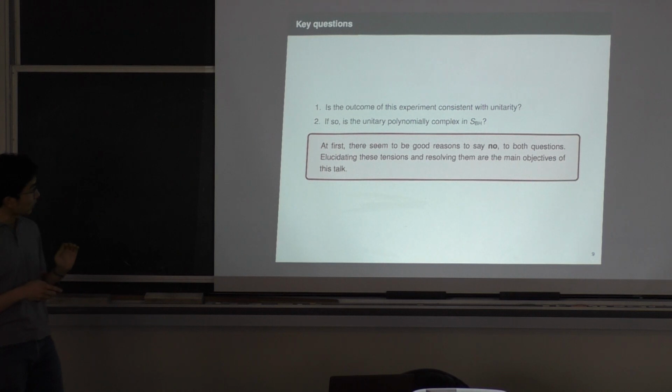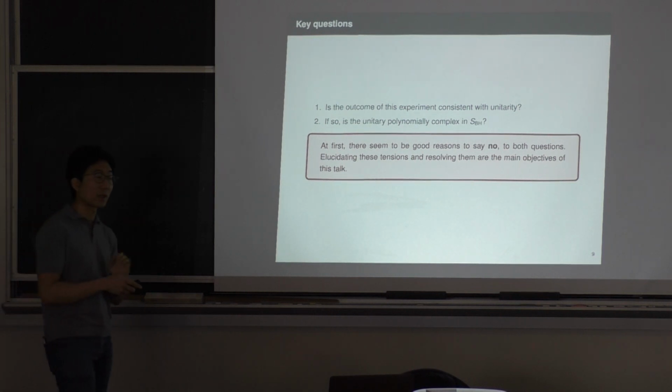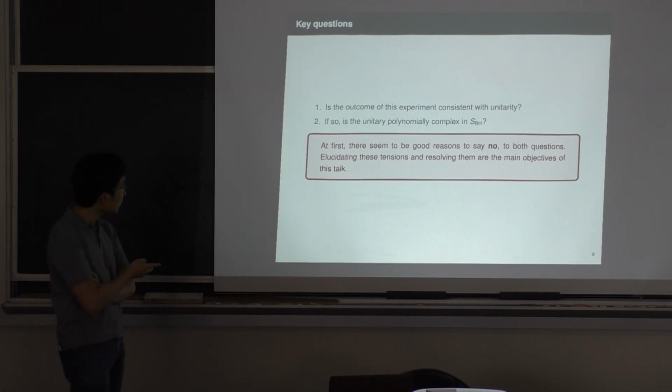But as I'm going to tell you soon, there are some worries which suggest that perhaps the complexity of the black hole operation may get extremely complicated just by throwing something in, if you accept the non-isometric holography picture.